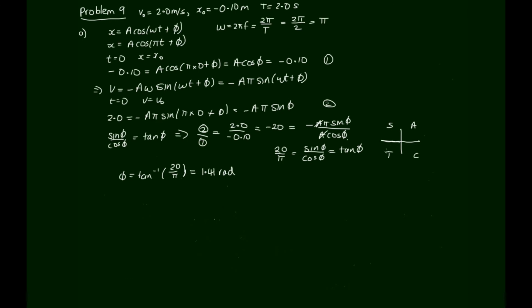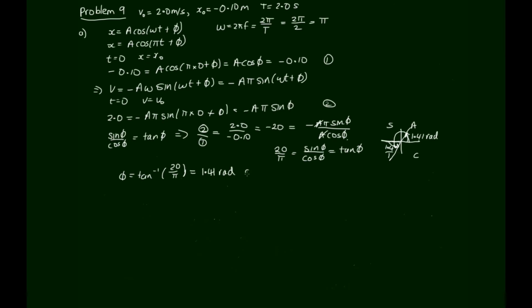So because tan's positive, it can either be in the first quadrant, where we've got the 1.41 radians there, or it could be in the third quadrant, and to get the angle in the third quadrant, we'll have 1.41 measured there, but the angle itself will be all around there. So this is pi radians, and then an additional 1.41 radians.